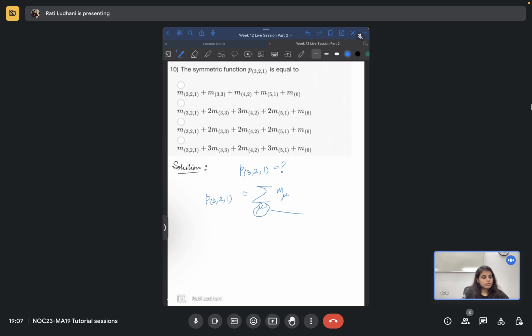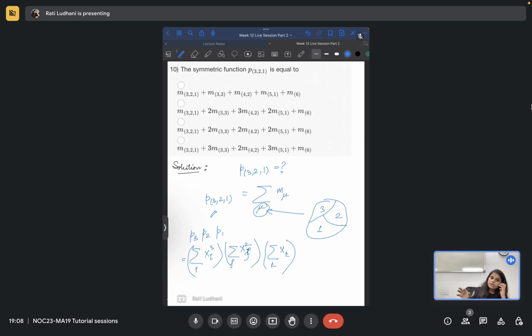Mu is coming from the partition which is 3, 2, 1. As I explained last time, this is P3, P2 and P1. So we are actually looking at the sum of xi cube, sum of xi square, and the sum of xk.